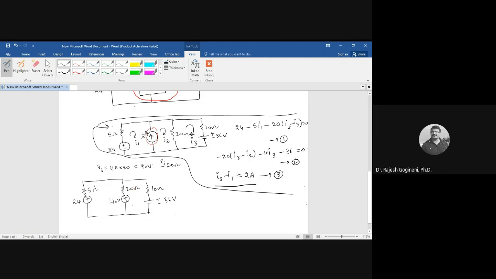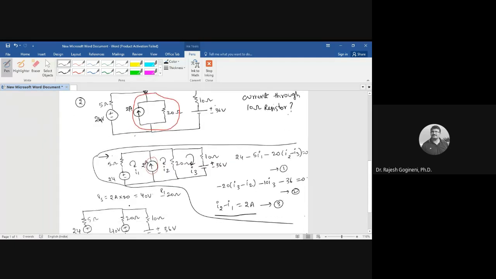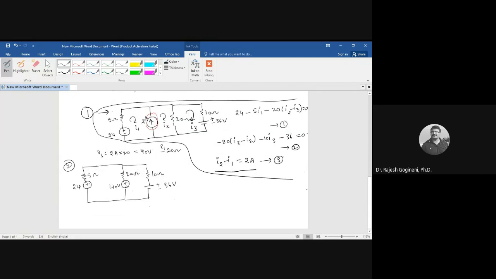So now this is the equivalent circuit we got. Finally, this is one equivalent circuit without applying source transformation. The second one is with applying the source transformation. Even if you apply any technique, you will get the same answer.